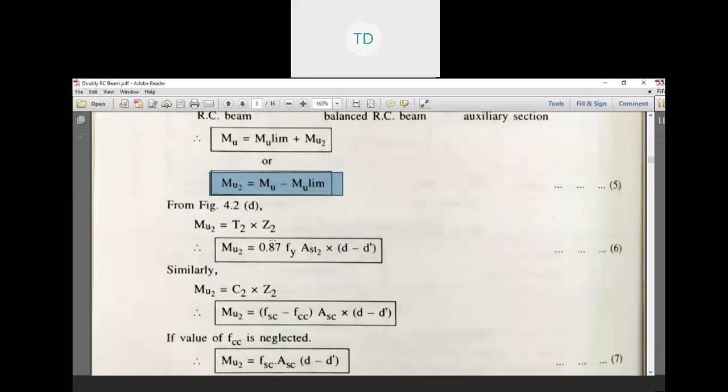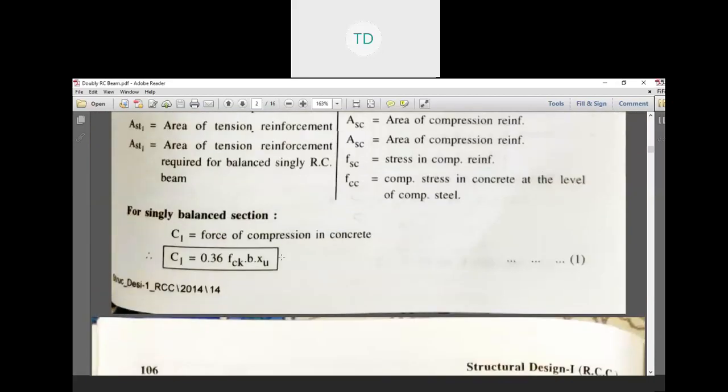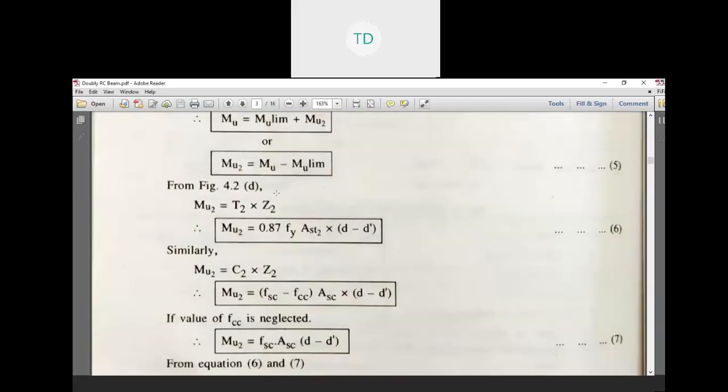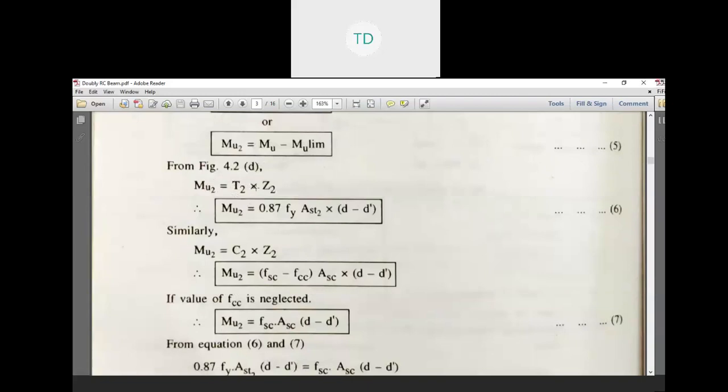From the figure above, we take Mu2 = P2 into Z2. Multiplying both, we get Mu2 = 0.87 Fy into Ast2 into (d - d').